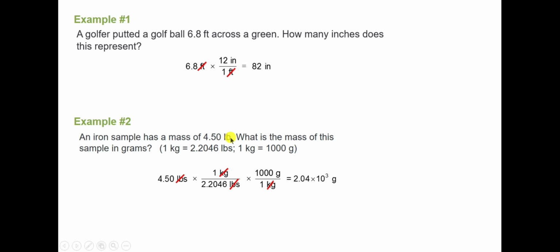The only thing that has pounds is relating it to kilograms, so I put kilograms on the top. Then I put kilograms on the bottom of the next one, and I have kilograms to grams. Finally, after I've set up all the units, I go back and fill in the numbers. 1 goes with the kilograms, 2.2046 goes with the pounds. 1 goes with the kilograms on the bottom, and 1,000 goes with the grams on the top. Finally, I complete 4.50 times 1 times 1,000, divide by 2.2046, divide by 1. And of course, you can skip the multiply and divide by 1s because they're not going to change the value.